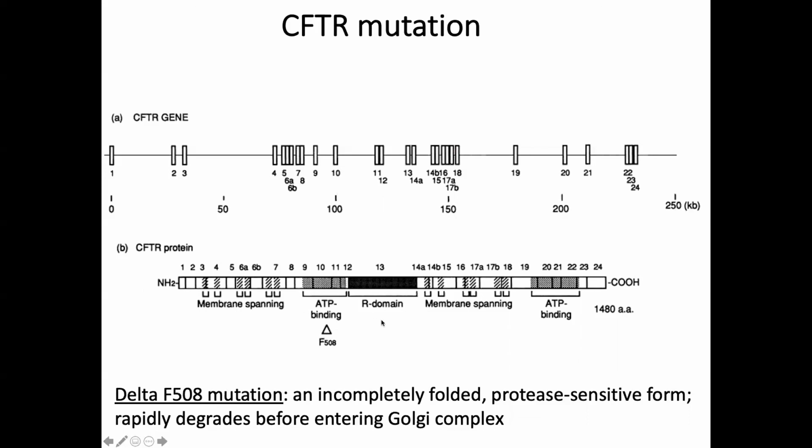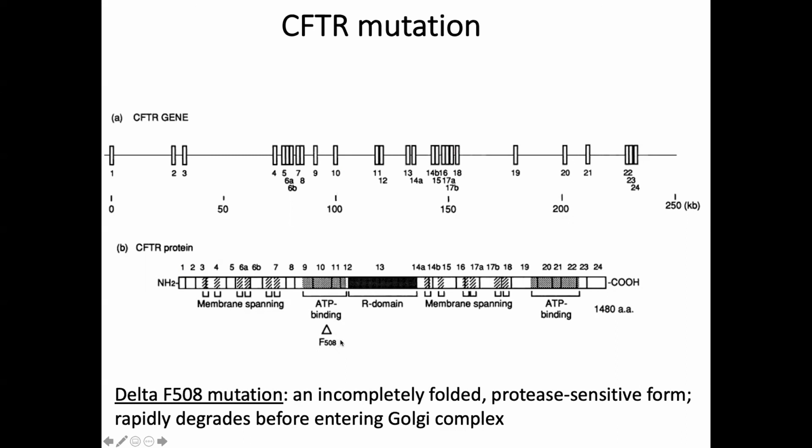All right. The most common mutation, shown here, is delta F508. This results from a deletion. Delta usually means deletion, of 3 nucleotides, leading to loss of an amino acid. F means phenylalanine at the position 508 on this protein.